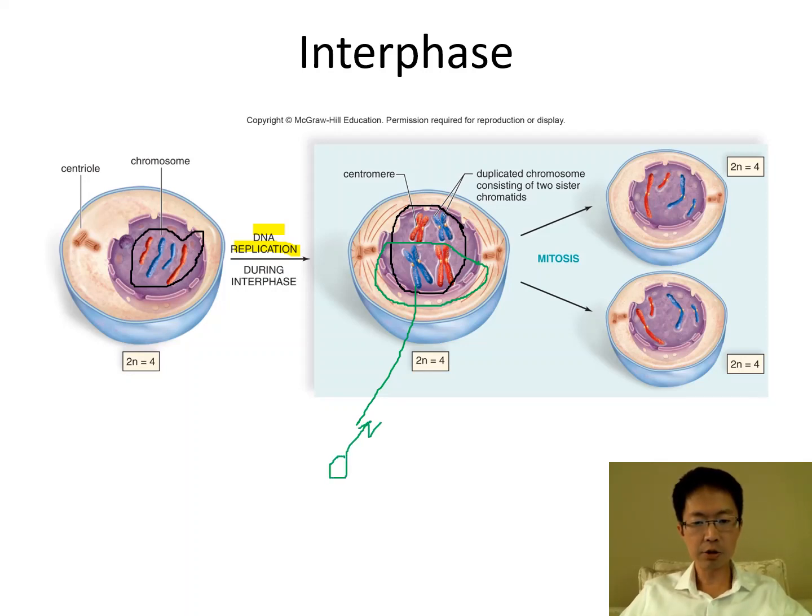The other chromosome is from your mother. Together, we call that homologous chromosome.